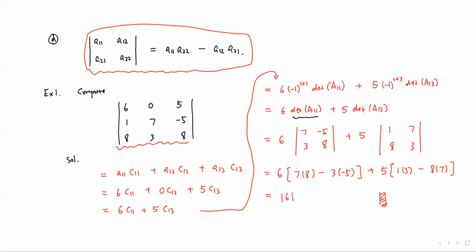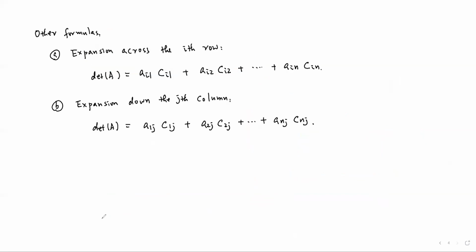Now this time, let me compute this determinant, say down column 3. Example number 2.